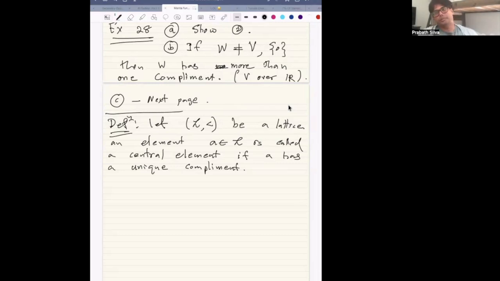And for example, we will show that in a Boolean algebra all the elements would be central. And we will study something else: if you just have the modular property, I'm not sure about this, but if you look at the central elements of a modular lattice, those elements would form a Boolean algebra.